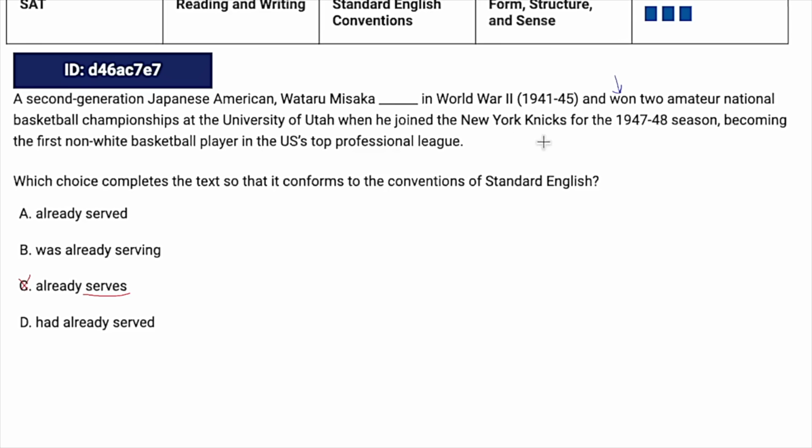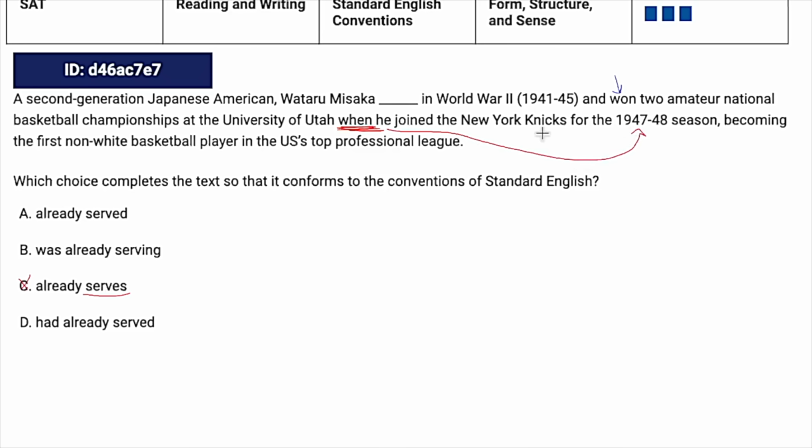All right, so a little bit more context. This person served in World War II and won 2 amateur national basketball championships when he joined the New York Knicks for the 1947 through 48 season. Okay, so this is the clue I was looking for. When is going to mean something happened at the same time as this thing that happened in 1947.